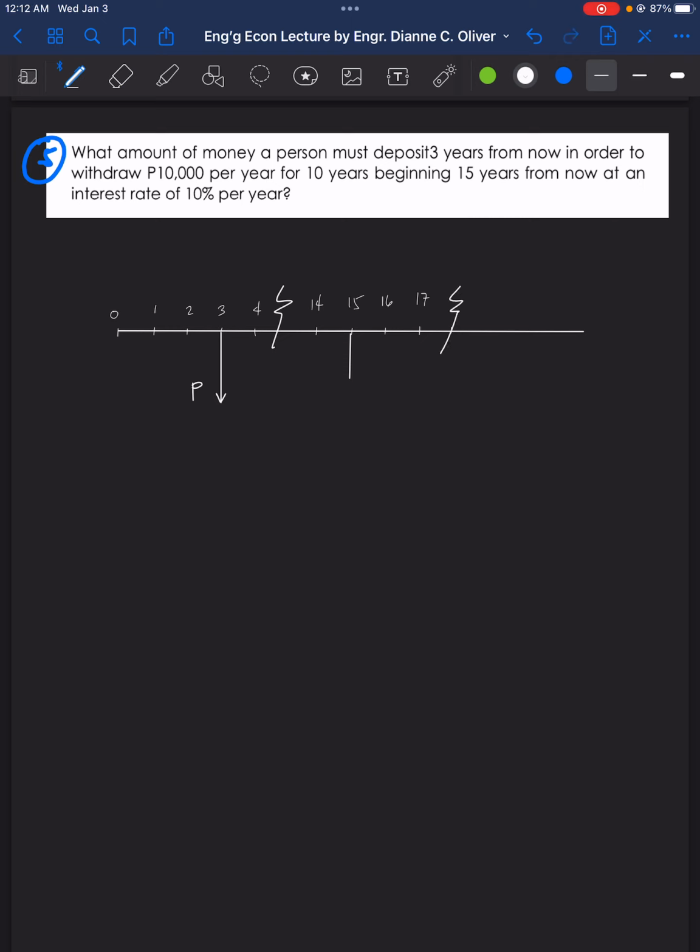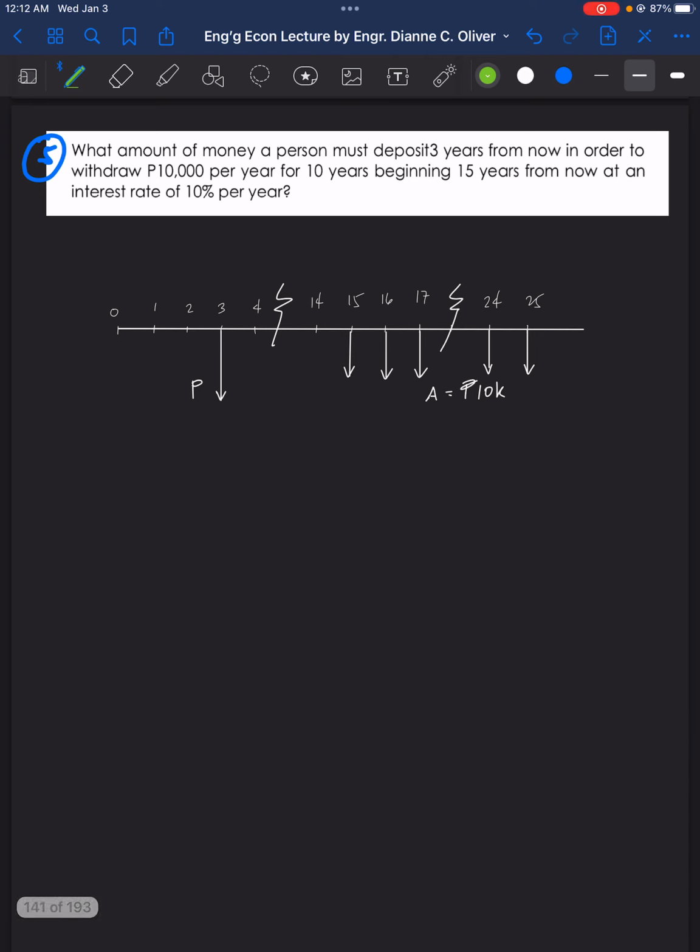Then let's continue here at say 21 or 24, 25. So for the payment for 10 years, he withdraws 10K. Now this is the year 0 of this annuity. So we need to find the value of P.